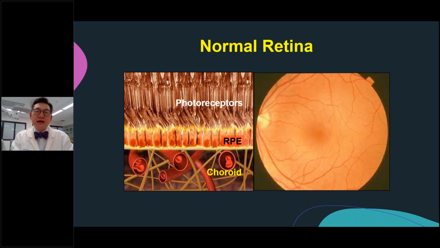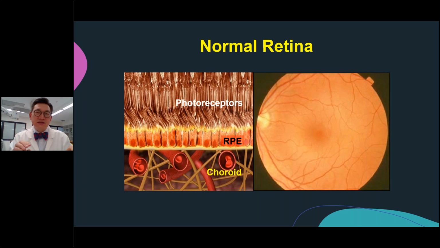So if you imagine the retinal pigment epithelium a little bit like a shag pile carpet, when we are born, that shag pile carpet is all even and plush. But as we wear the carpet out, more traffic, particularly in high traffic areas, the shag pile carpet starts to wear thin.